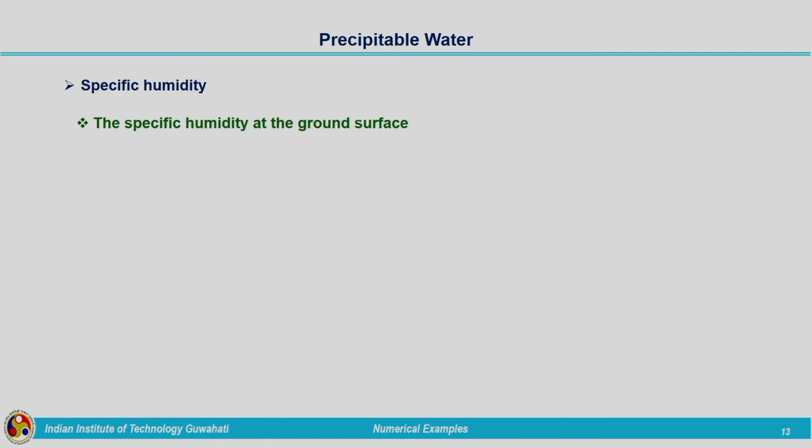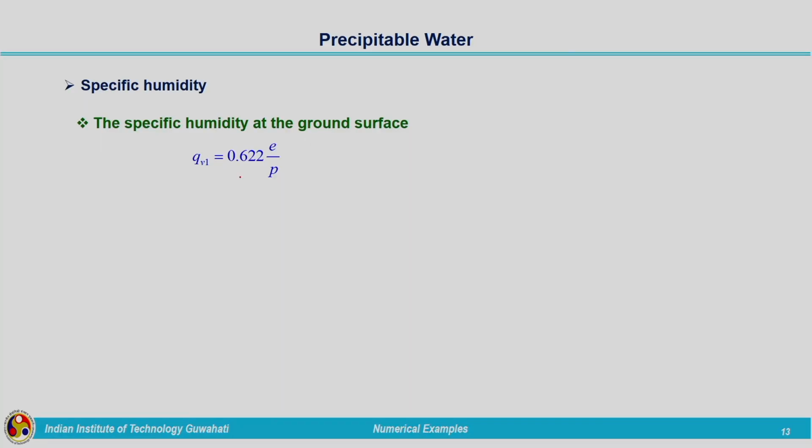Now, what we want? We want to calculate the specific humidity. Specific humidity at the ground surface we will calculate first, then we will go to an elevation of 2000 meters, then we will average out the values. So, QV1 is given by 0.622 E by P. This expression we have seen when we were talking about the water vapor dynamics topic.